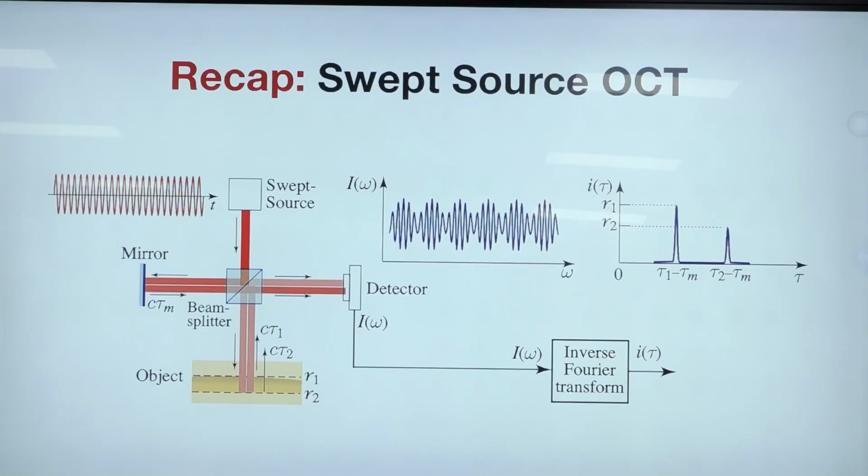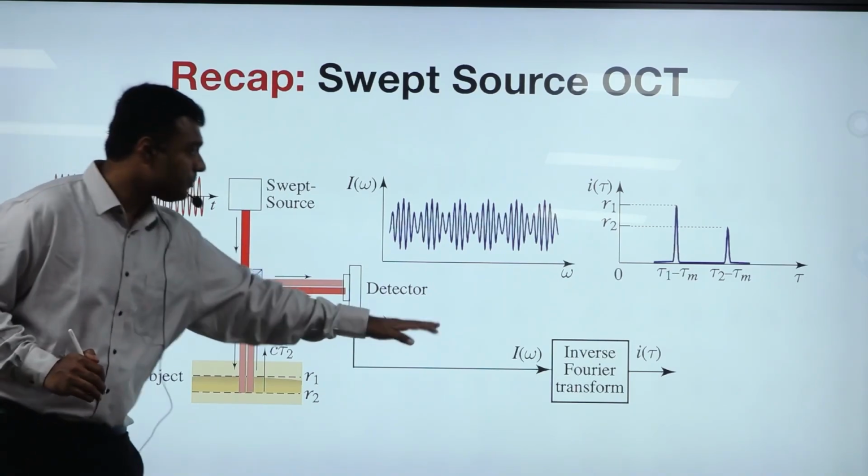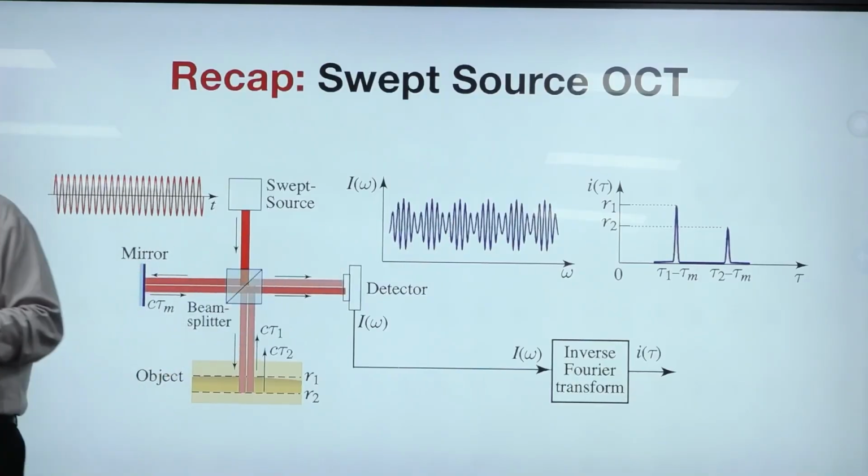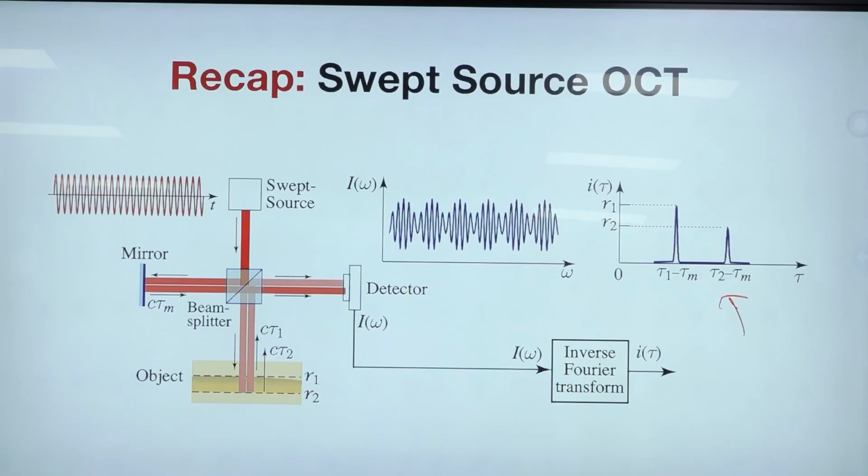So it's time multiplexing as opposed to spatial multiplexing. And the same principle is true. You get the detector signal as a function of frequency, and then you take an inverse Fourier transform and you get your depth signal. That's essentially the idea behind both swept source and spectral domain OCT.